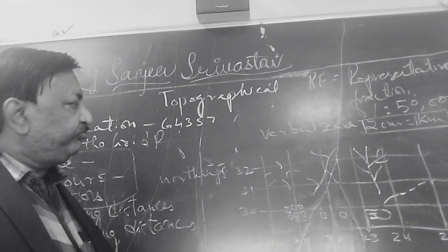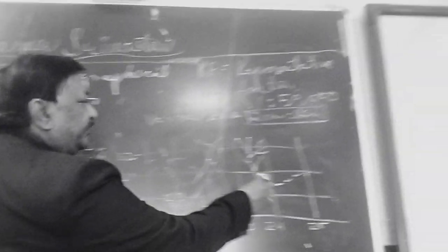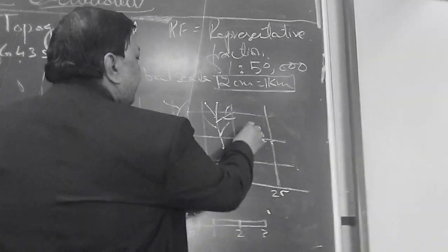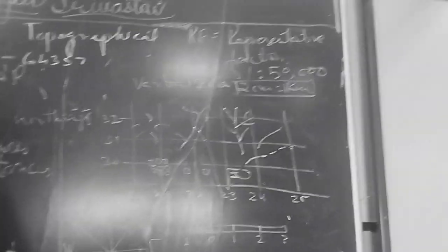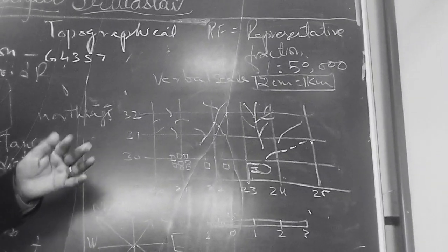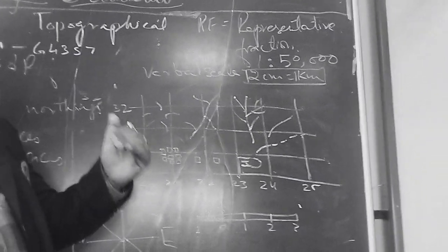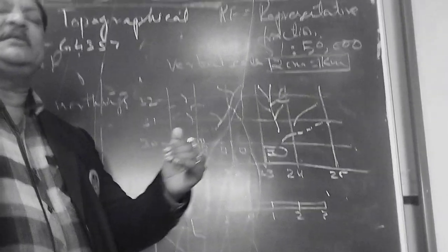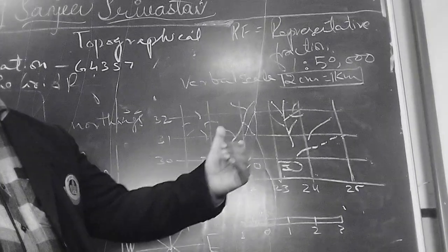Similarly, in a topo sheet there may be a stream which does not go into a river, and it may simply go into the sand, or from one place to another. This means it is not going to any lake or any river.